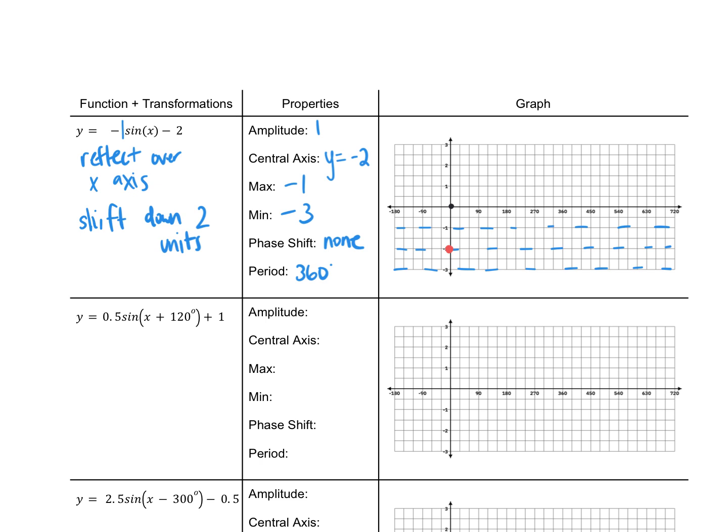I know I'm going to jump lines every 90 degrees, but because there's a reflection, instead of jumping up to the maximum, I should be jumping down to the minimum in 90 degrees. And then 90 degrees after that, midline. 90 degrees after that, max. 90 degrees after that, midline again. And there's my first cycle. And again, we're going down because we reflect.